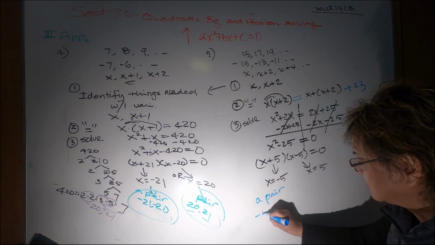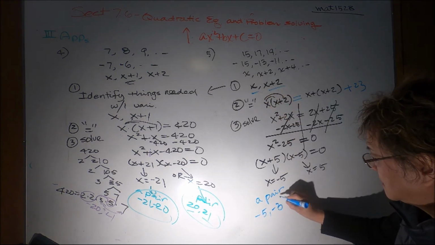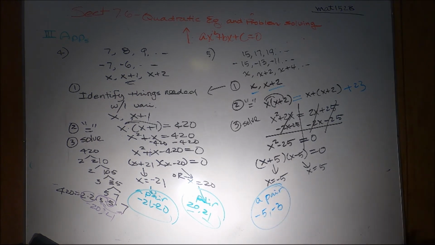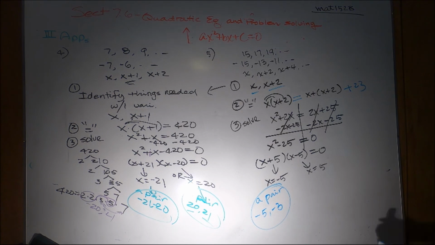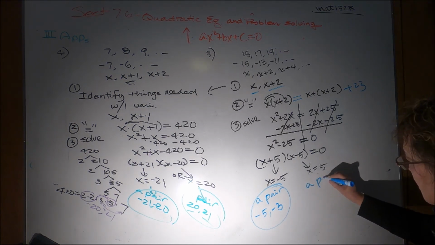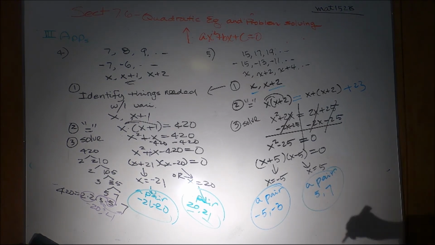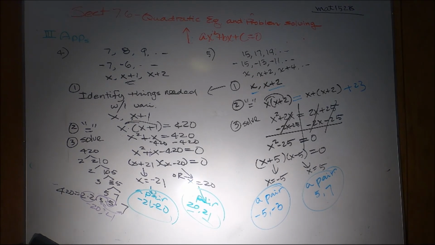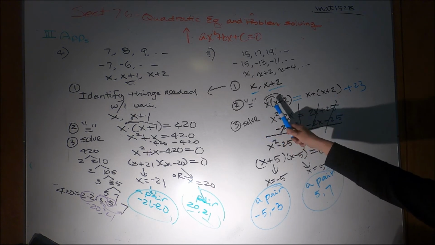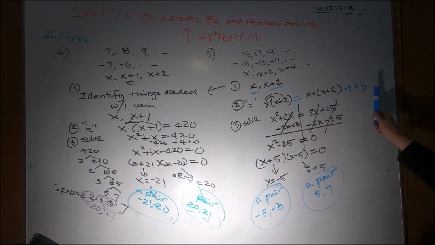Start with negative 5, and the next number is plus 2. A pair is negative 5 and negative 3, consecutive odd integers. Right? Then for the other one, from 5, you will get 7. That would be another pair. Actually, you have 2 sets of answers, which will satisfy that the product is 23 more than their sum.